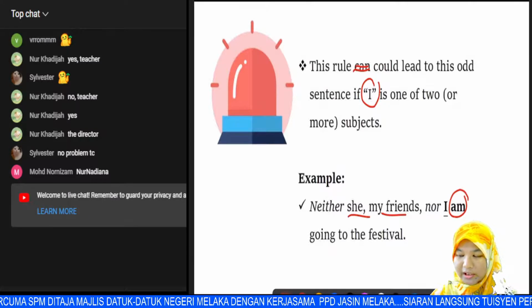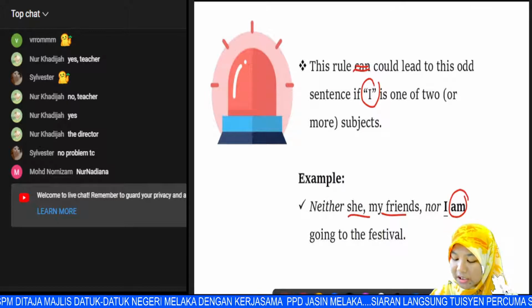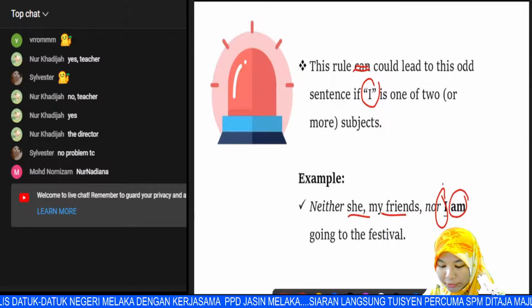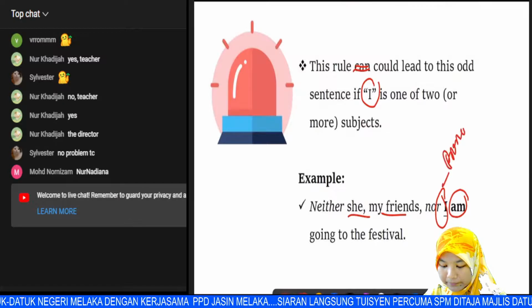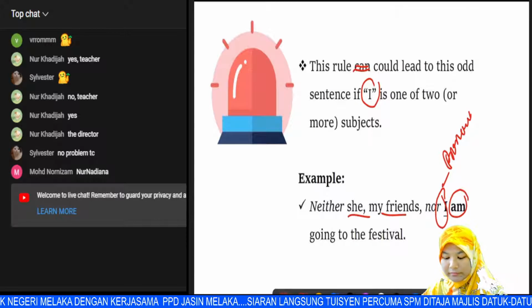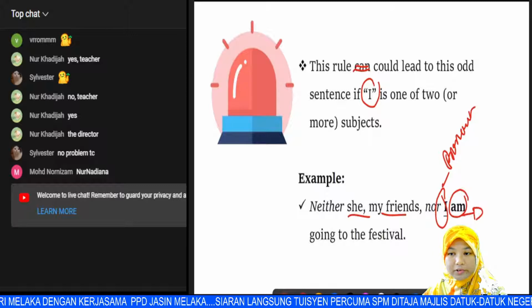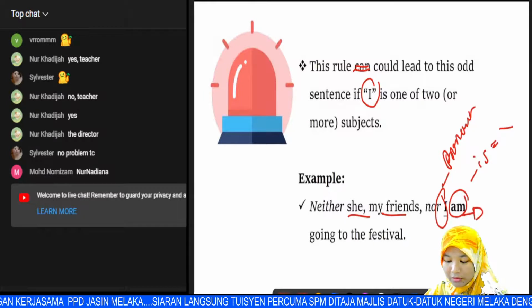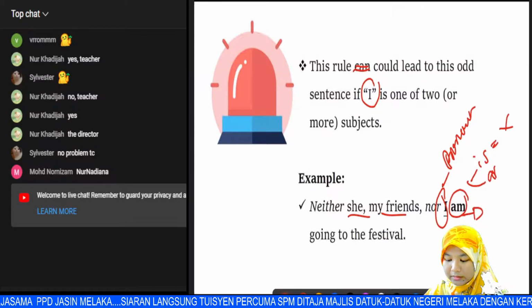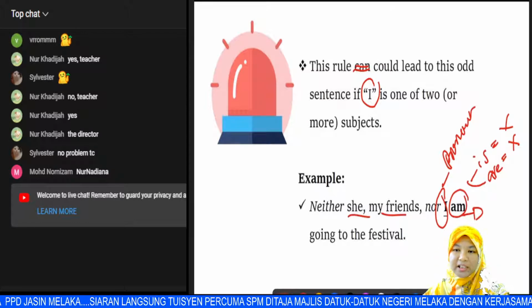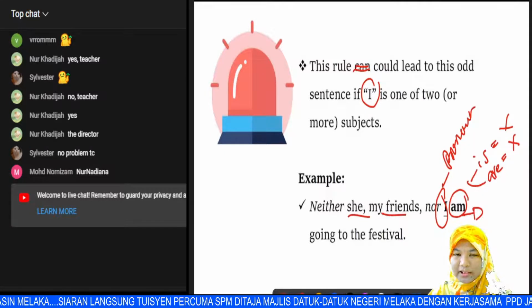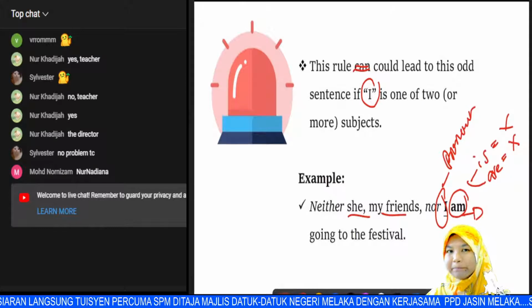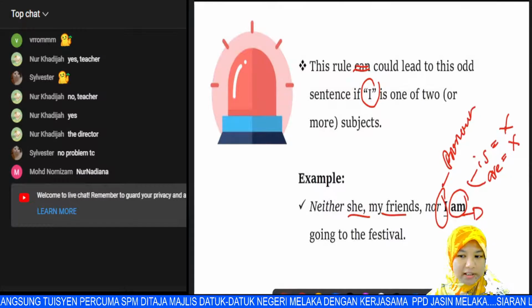So this is actually no problem, since for the pronoun I, we use am. We cannot use I is or I are here, because this will make things worse. There is no I is, there is no I are in English. I am. That is the rule of it.